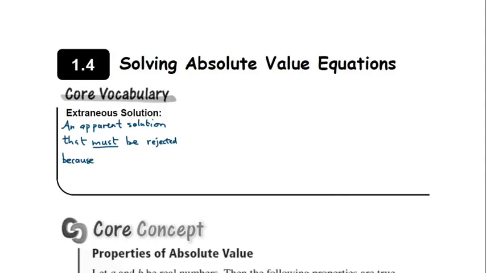Because it does not satisfy the original equation. Okay?